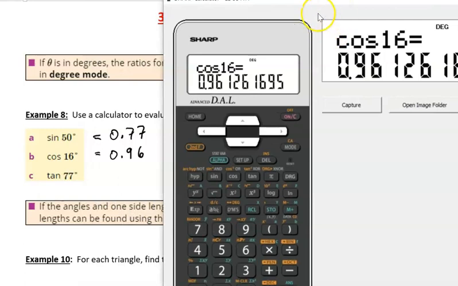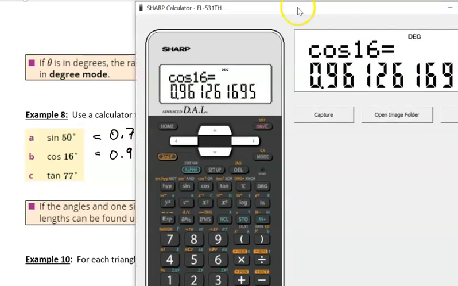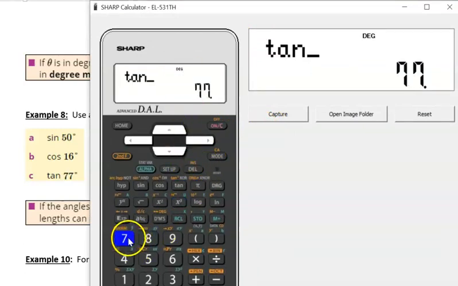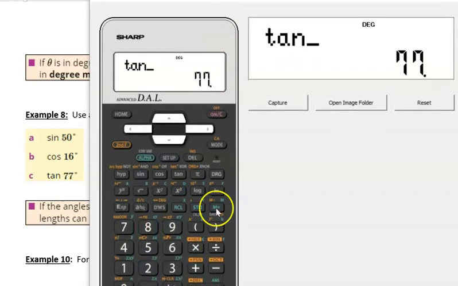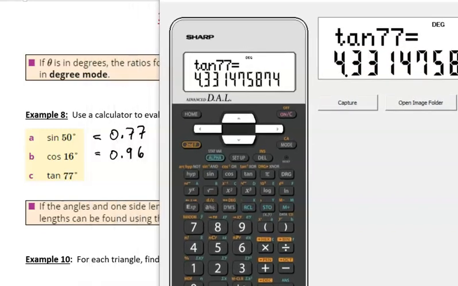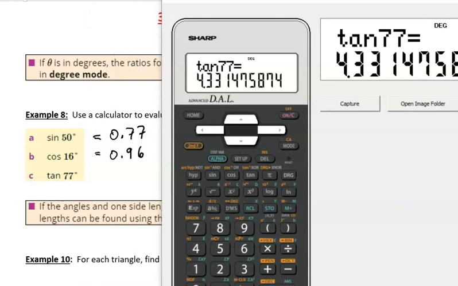And finally, tan of 77, clear, still says degrees. Tan of 77 is going to be equal to a big number, and look at that, that's going to be equal to 4.33. The critical digit is 1, which is less than 5, so the rounding number 3 is going to stay as a 3, and we would round down.